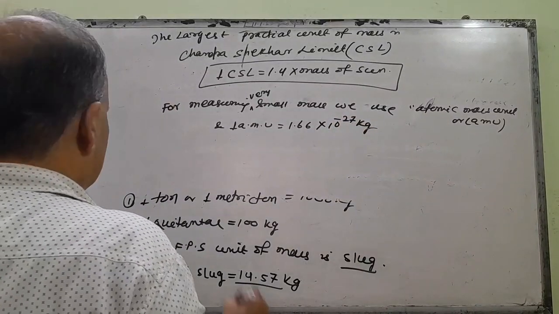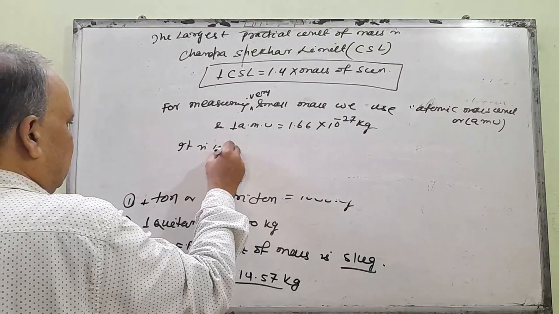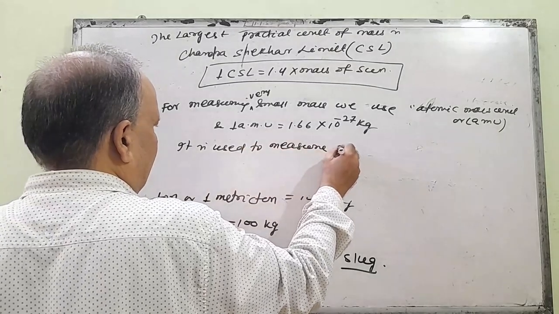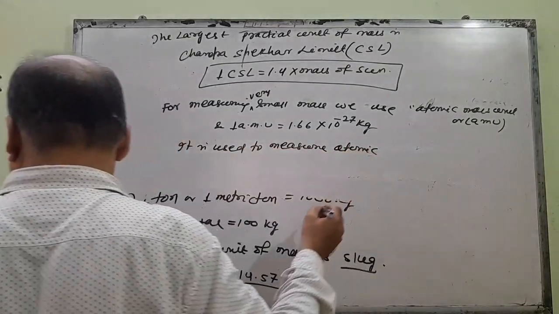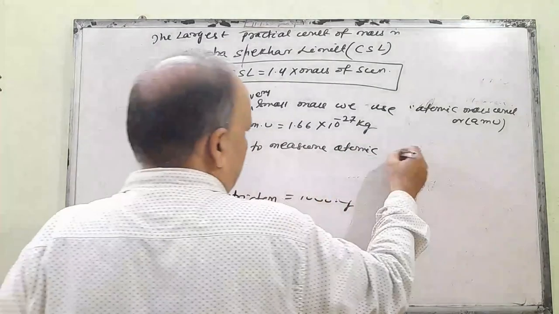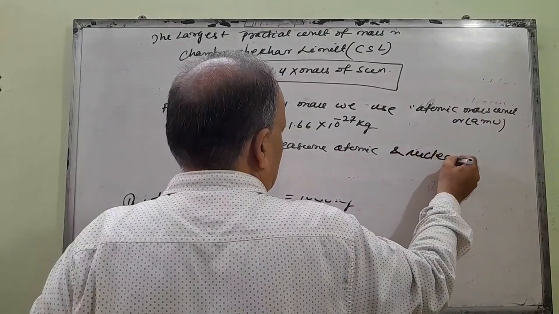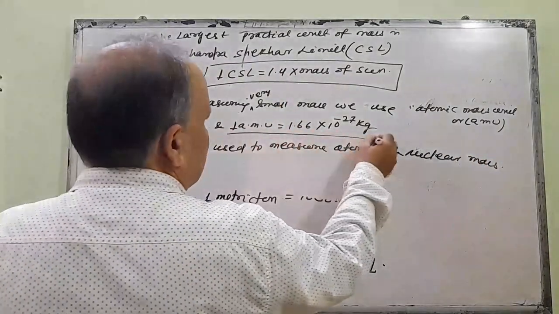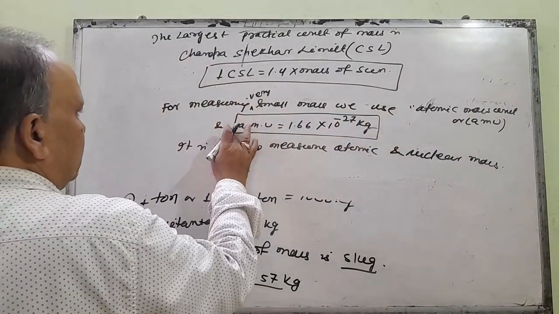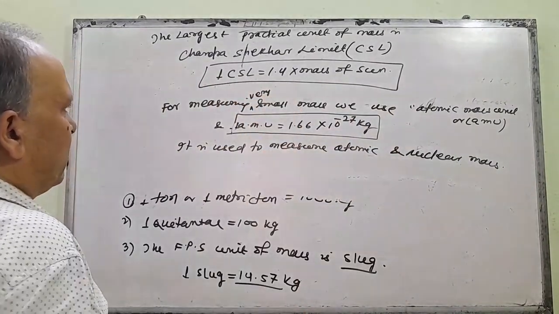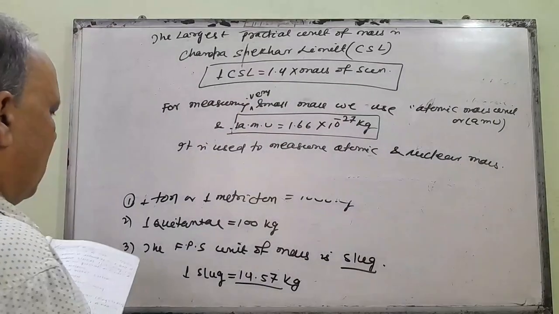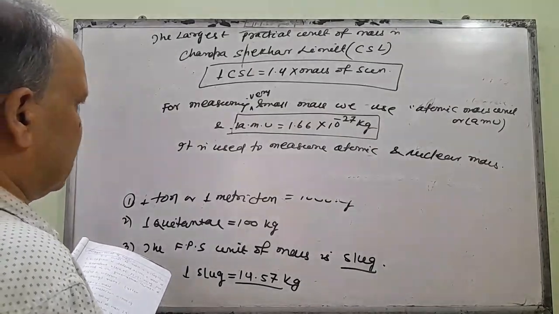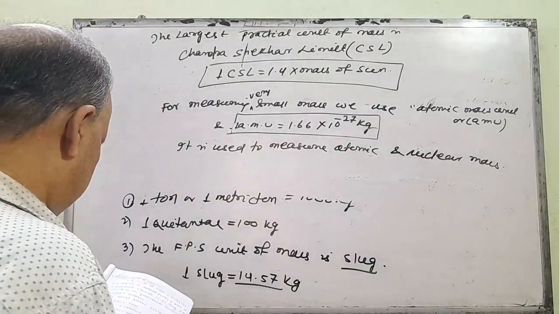It is used to measure atomic and nuclear mass. This is the smallest and this is the largest. 1 CSL is equal to 1.4 times the mass of the sun, and 1 AMU is equal to 1.66 into 10 to the power minus 27 kg.